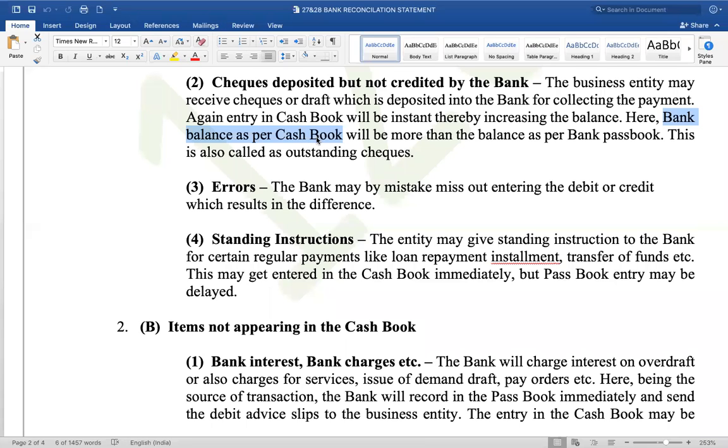But as per passbook, the balance is not 20,000, it is still 10,000. Why? The check is received by the banker, but as soon as he receives it, he will not credit it. He will not record that amount just as you recorded. The banker will record only when he gets the money on that check.